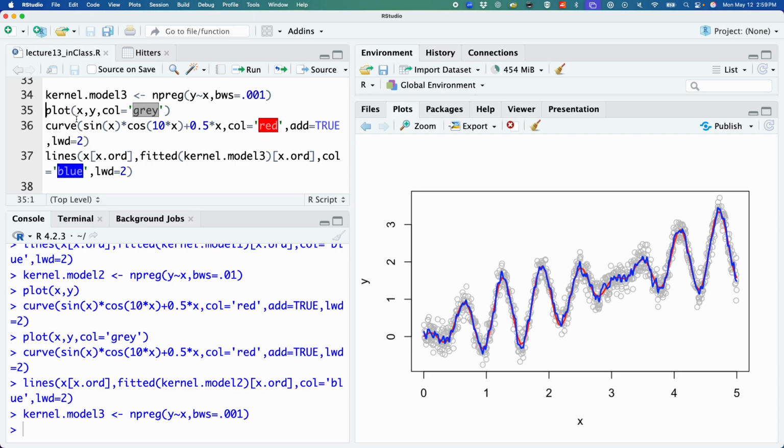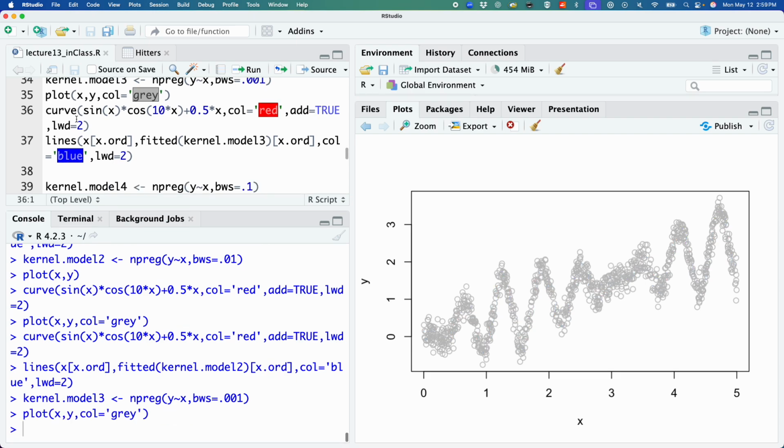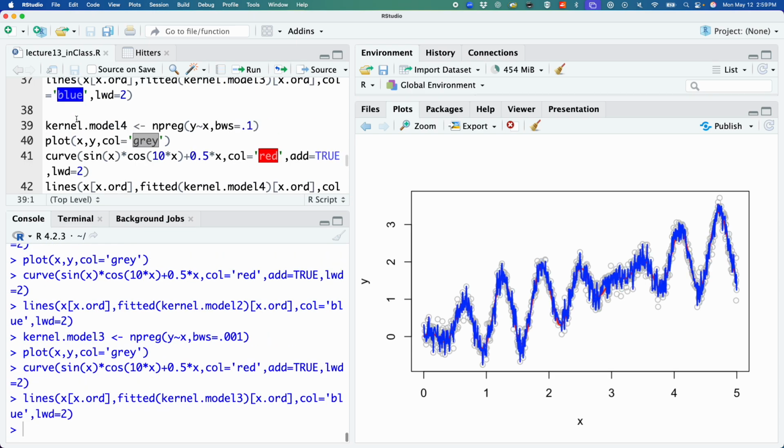I'm going to change the bandwidth to be even smaller, 10 times smaller than that. And here you get to a point where you're almost sort of connecting point by point. It's not quite happening in this case, but this might be something that we would describe as really overfitting.